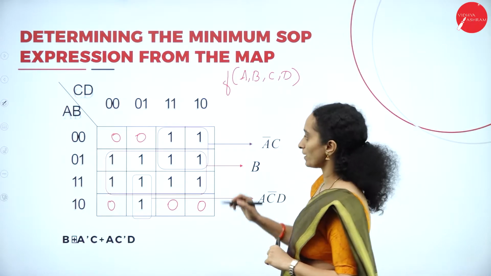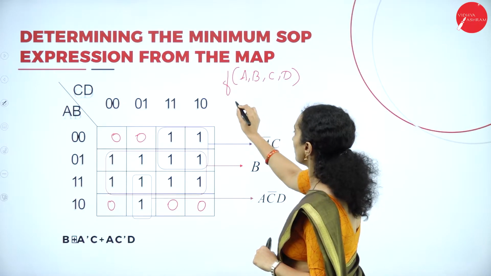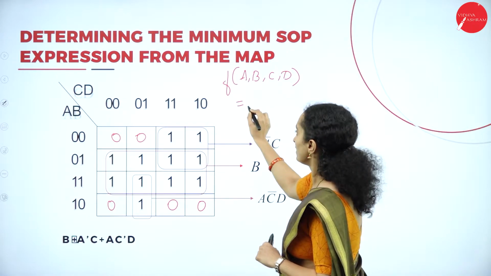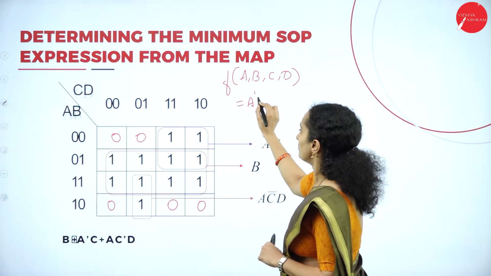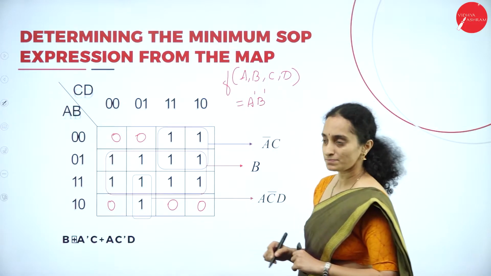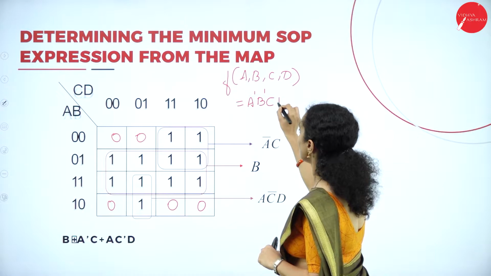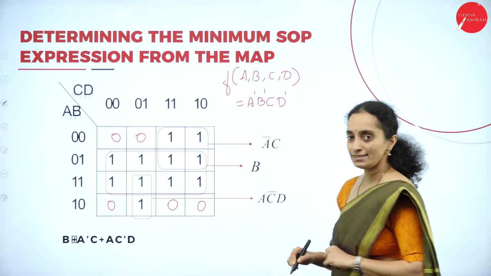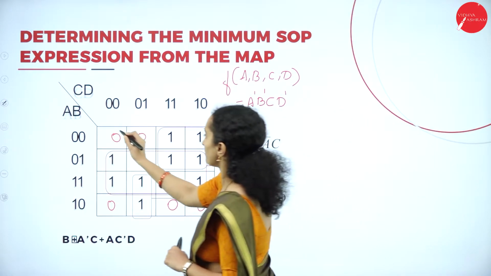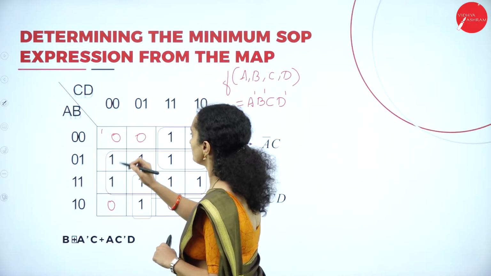This is the first one, 0, 0, 1, 0. It will be a dash, b dash, c, d dash.